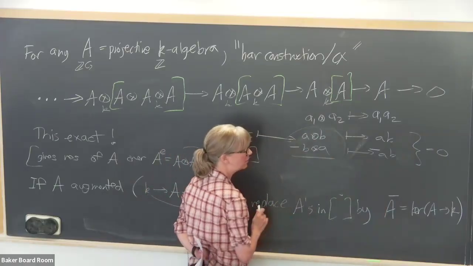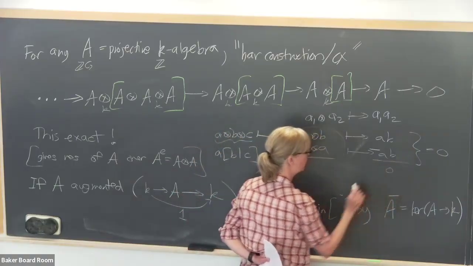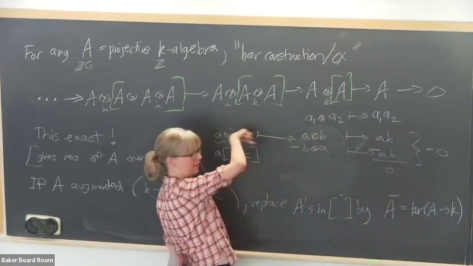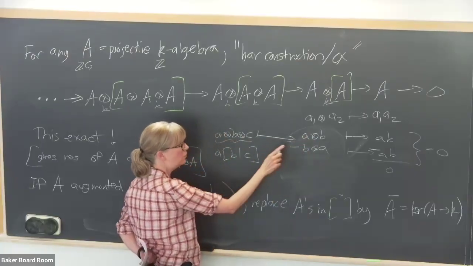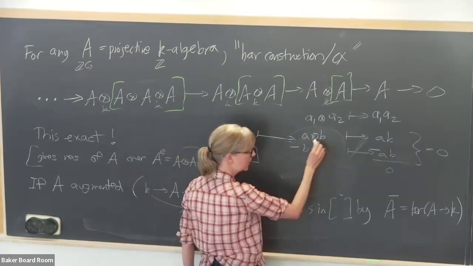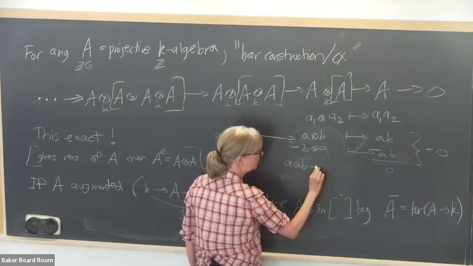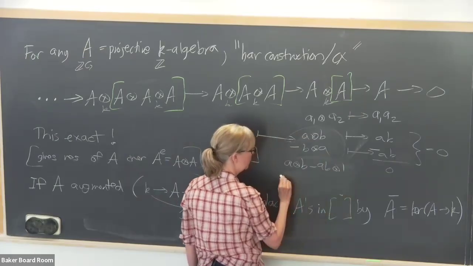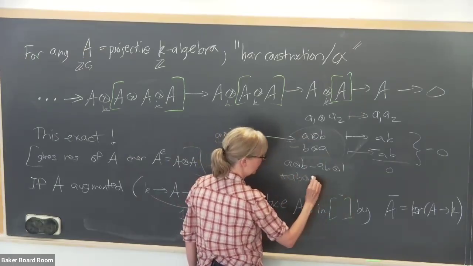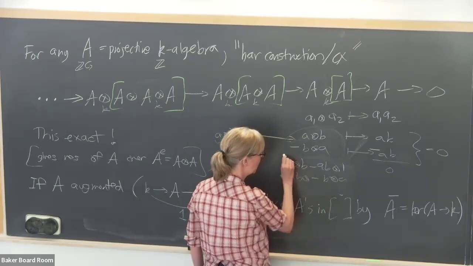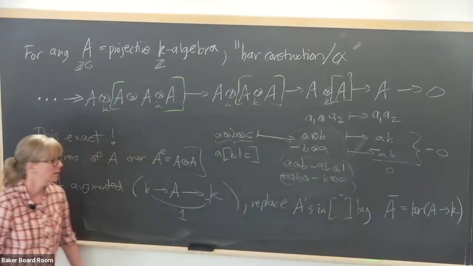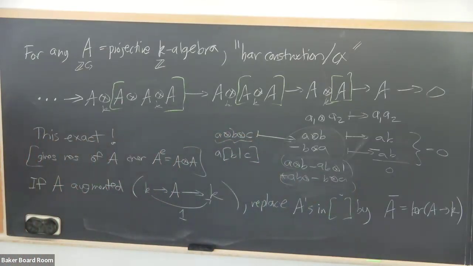Then this difference goes to 0. But why is this in the image of this? You can write it in several steps going between here and here. This enables you to move things across the tensor. So essentially, A tensor B minus AB tensor 1 and plus AB tensor 1, plus minus B tensor A. And then each of these is in the image of the previous. All right, any other questions? All right. Something like that. Okay.